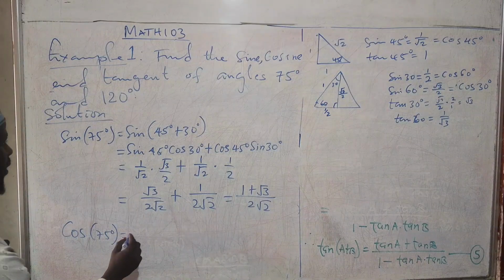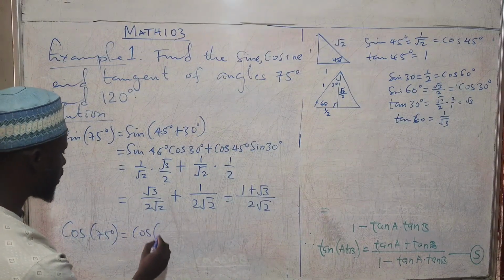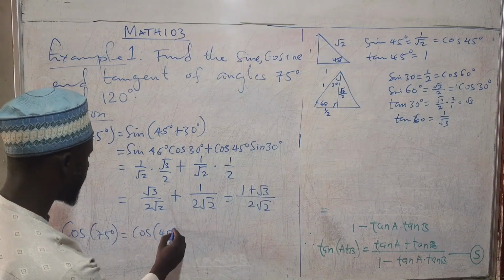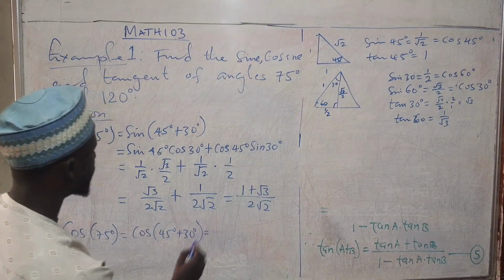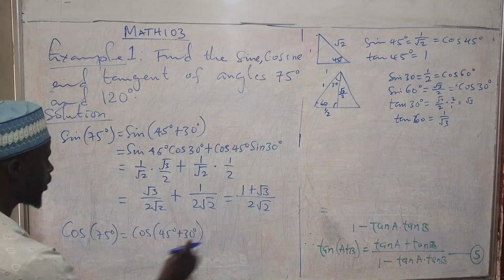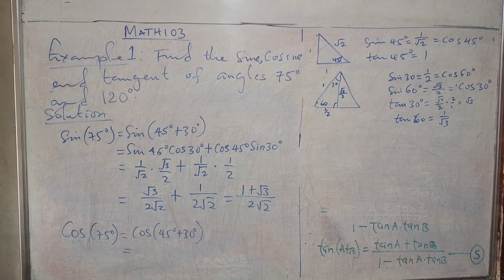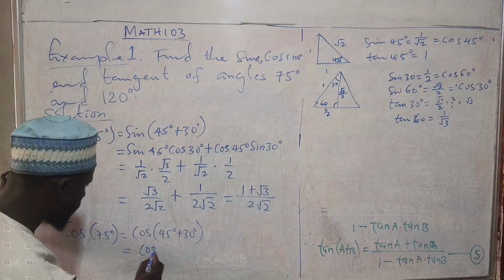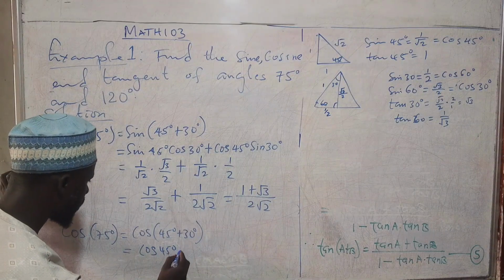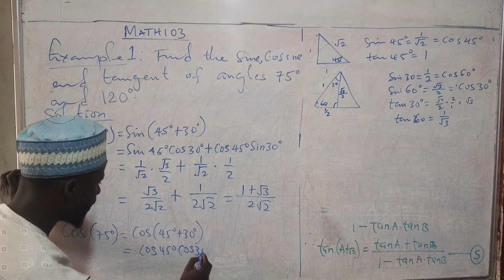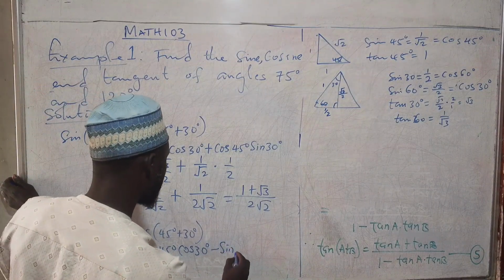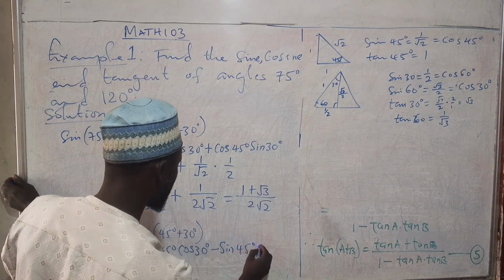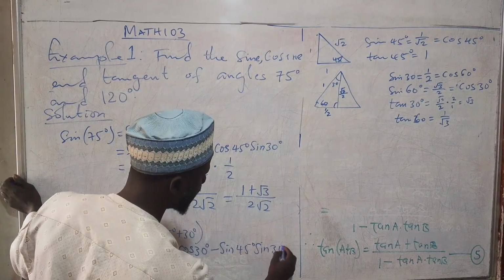Cos 75 degrees is the same thing as cos of 45 degrees plus 30 degrees. By the addition formulas, that is cos 45 cos 30 minus sine 45 sine 30 degrees.